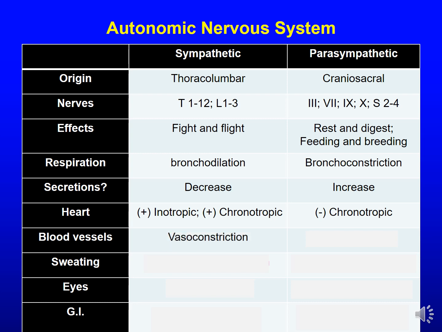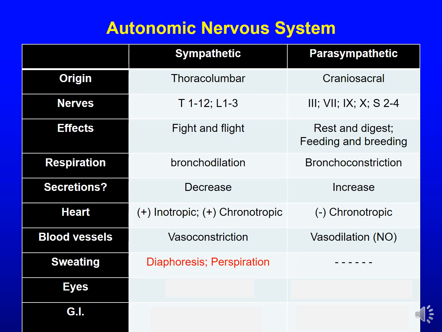In the blood vessels, sympathetic produces mainly vasoconstriction, while the parasympathetic, although they do not directly innervate the smooth muscles in the blood vessels, can produce vasodilation through a second messenger, which is nitric oxide. In the sweating part, sympathetic is the only system that innervates the sweat glands in our body to produce diaphoresis or perspiration.